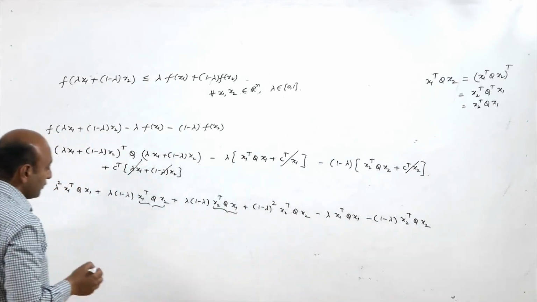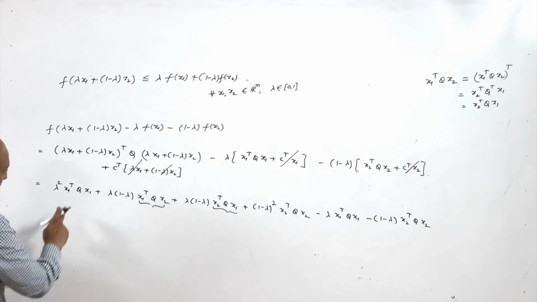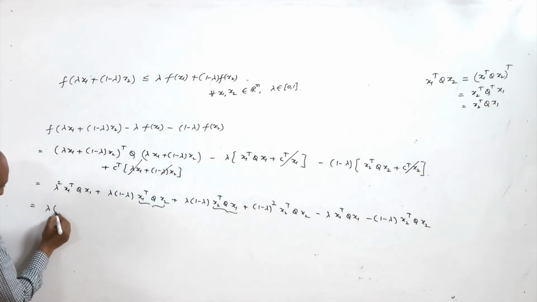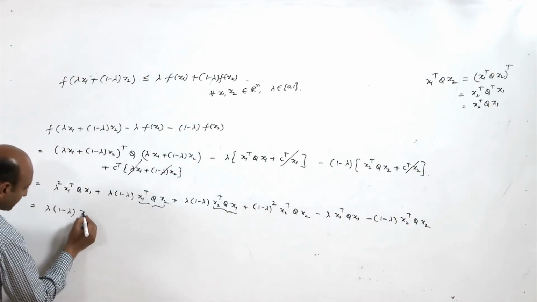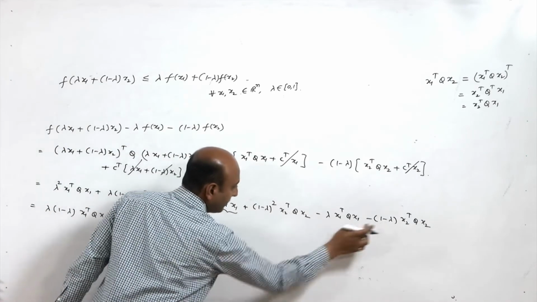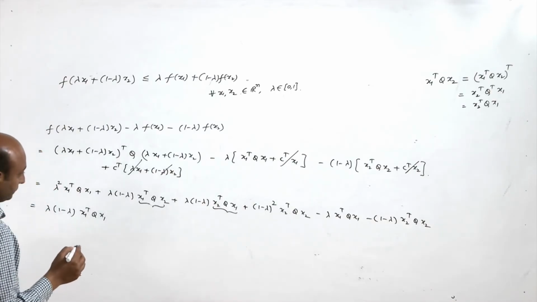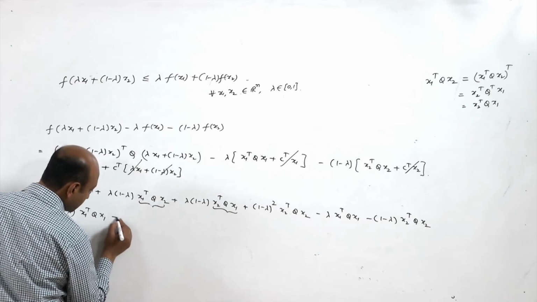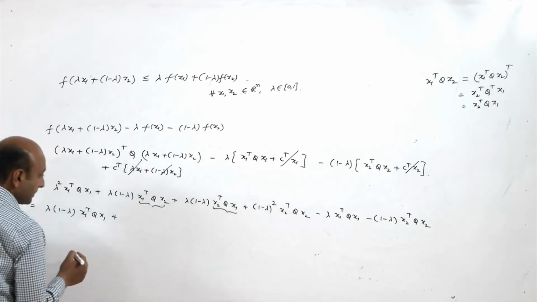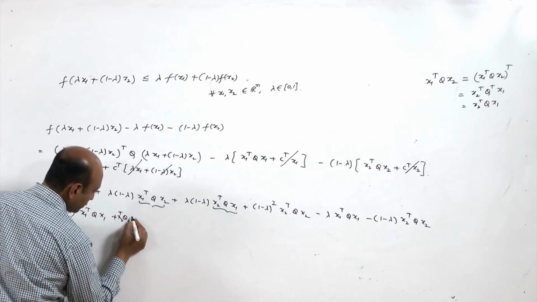Okay. So, we can write this as, and we can club these two terms. So, it is lambda into 1 minus lambda x1 transpose Q x1. We can club these two terms also by taking 1 minus lambda common. Okay. So, plus, we can take x2 transpose Q x2 common.